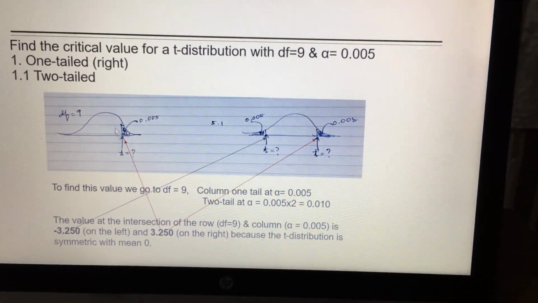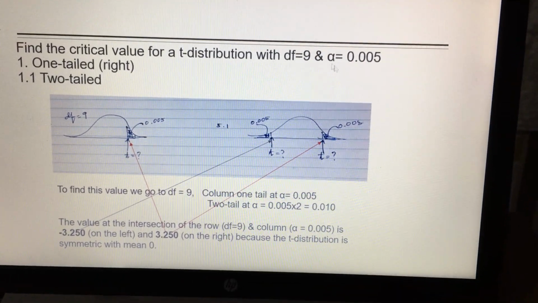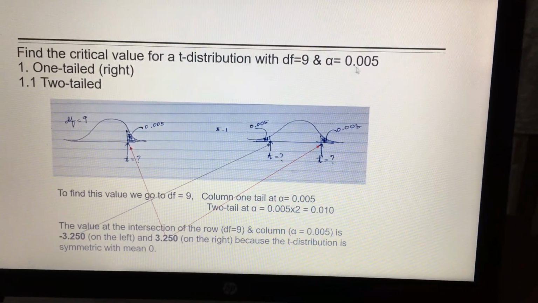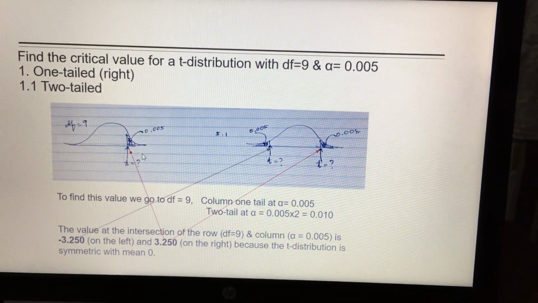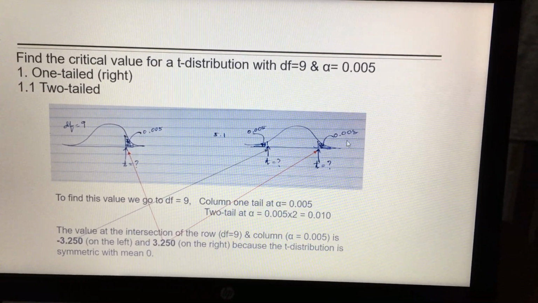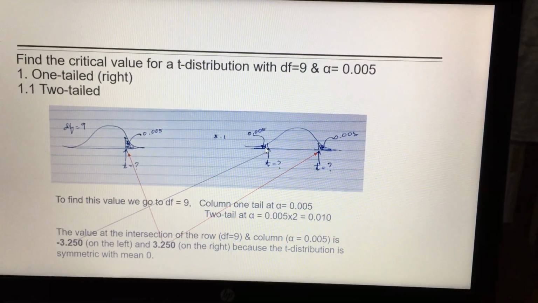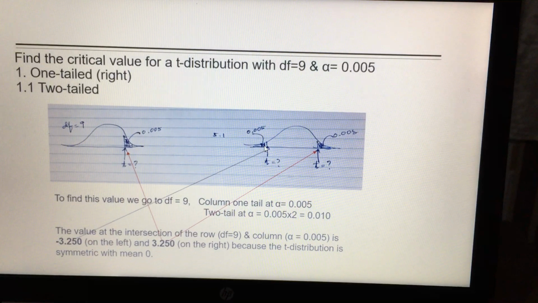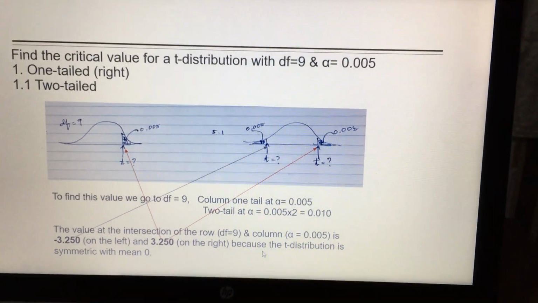And the last example for this illustration is a critical value for degrees of freedom 9 and alpha at 0.005. We have one-tailed on the right and two-tailed with tails shaded for the alpha level at 0.005 with degrees of freedom 9.